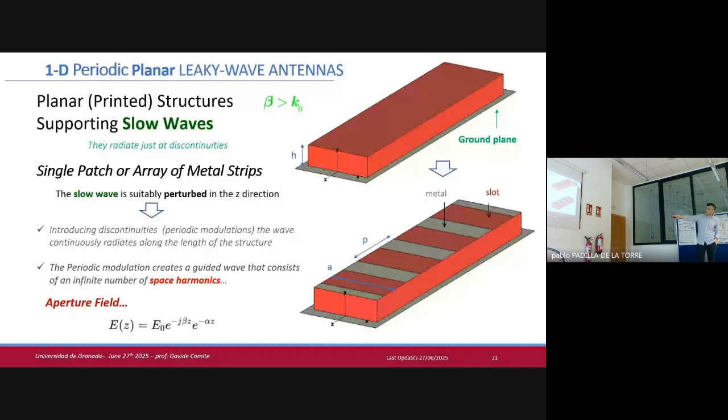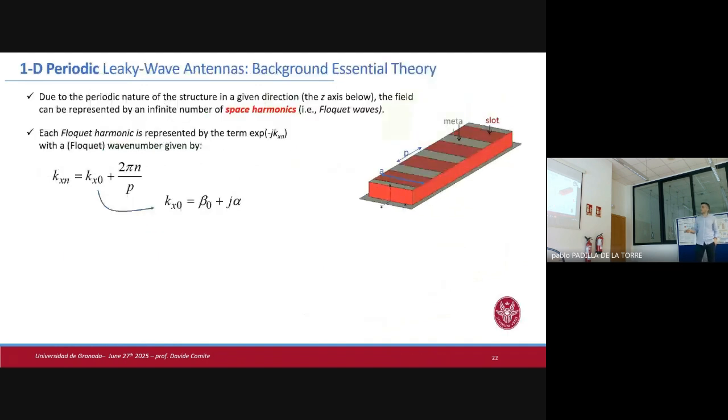But here the periodicity is comparable with the wavelength we are considering. So you essentially get space harmonics, because just as a periodic time domain signal can be decomposed into Fourier harmonics, the electric field inside the periodic waveguide can be decomposed into space harmonics. It's the same mathematics, a little more complicated here because the electric field is a vector.